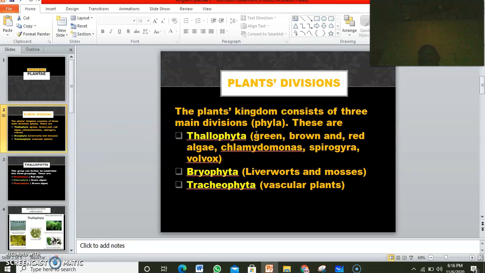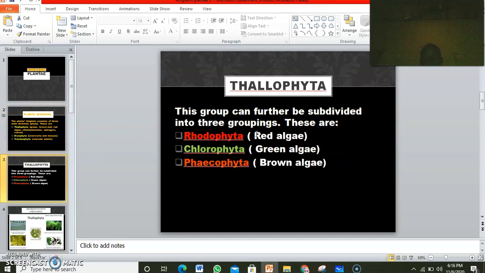So the only ones we're going to discuss in this first video are the Thallophyta and the Bryophyta. Now the Thallophyta also has subdivisions into three groups. We have the red algae, we have the green algae, and then we have the brown algae.